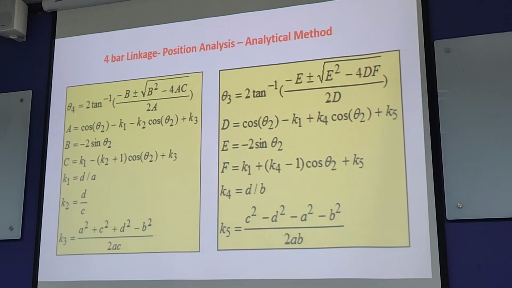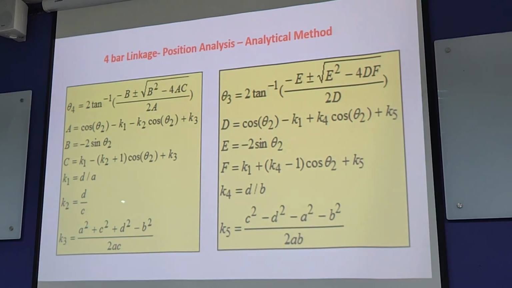Link 1 length. A is link 2 length. What is K2? D over C. So K1, K2, K3, K4, K5 are all defined in terms of the lengths of the 4 links. So depending on A, B, C, D, you can calculate K1, K2, K3, K4, K5.